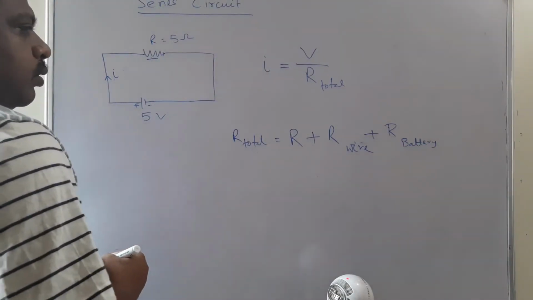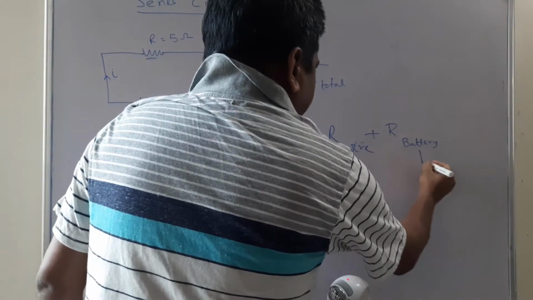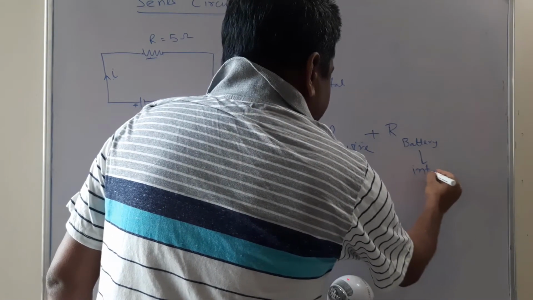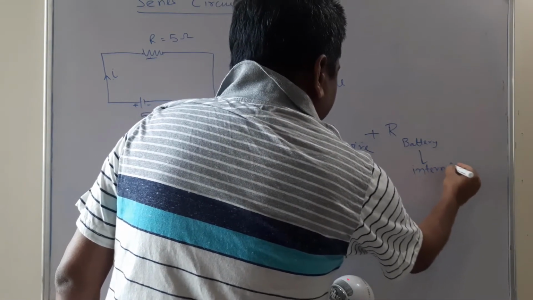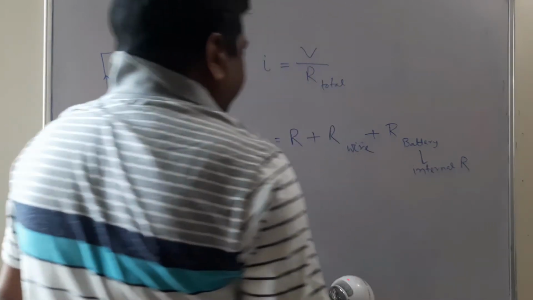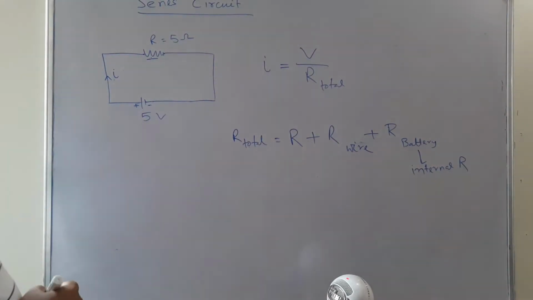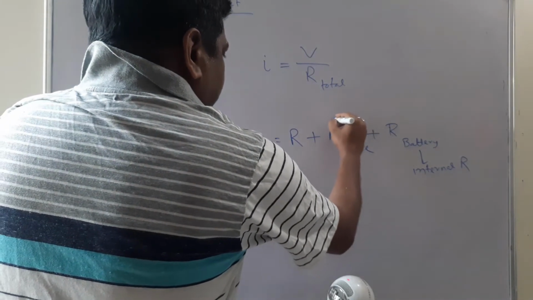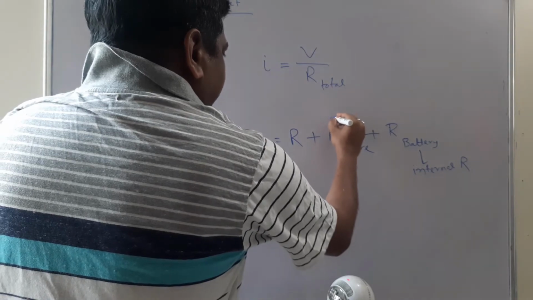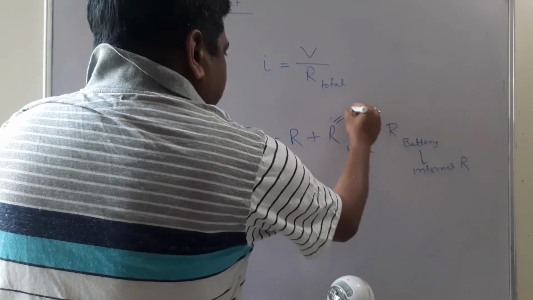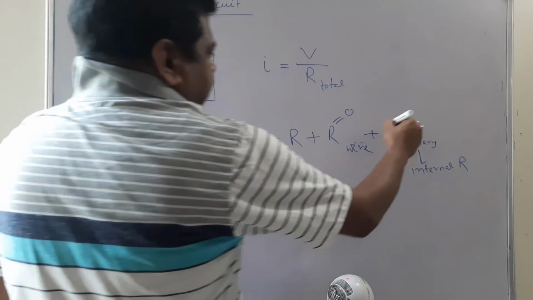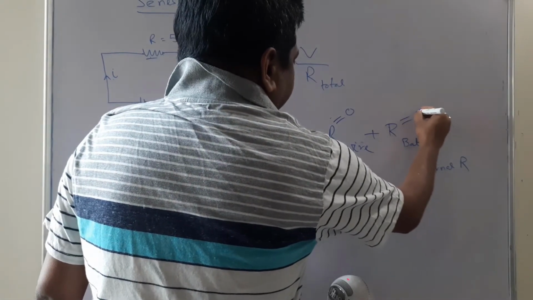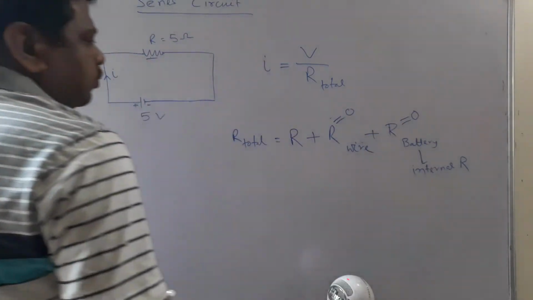Okay, so this is basically called the internal resistance of the battery. Internal resistance of battery. Okay, for simplicity we are thinking that resistance of wire equal to 0 and the internal resistance of the battery equal to 0.